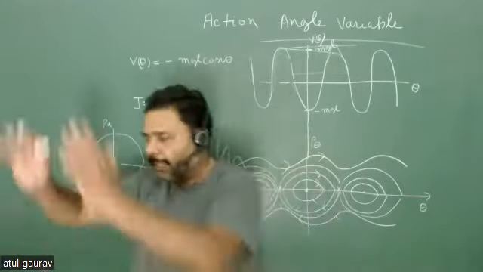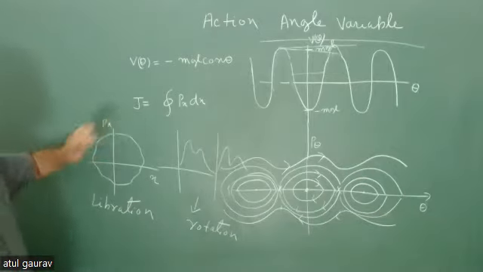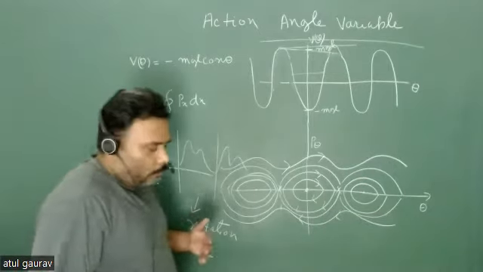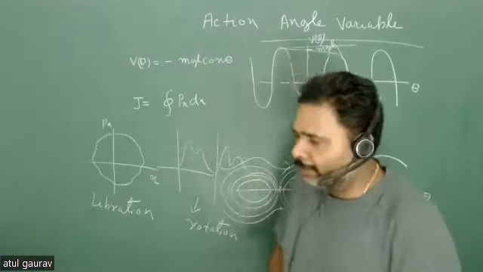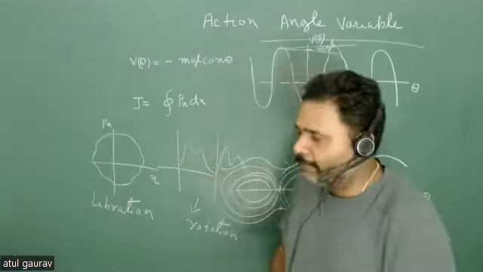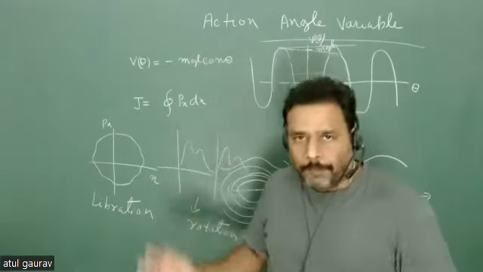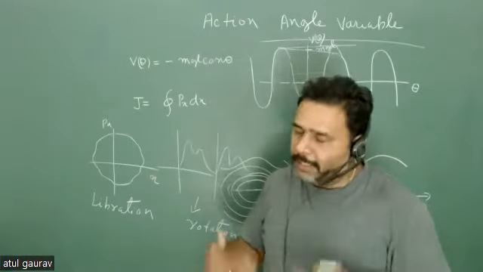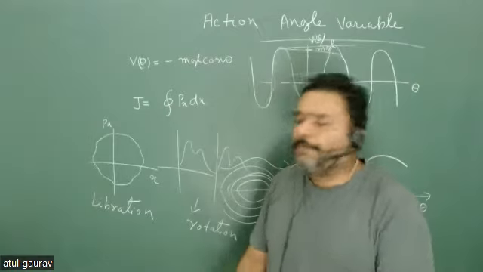है ना? So what is this particular J? What we can do is use this particular action angle variable to identify the period of any periodic motion. How can we calculate the period of any periodic motion?